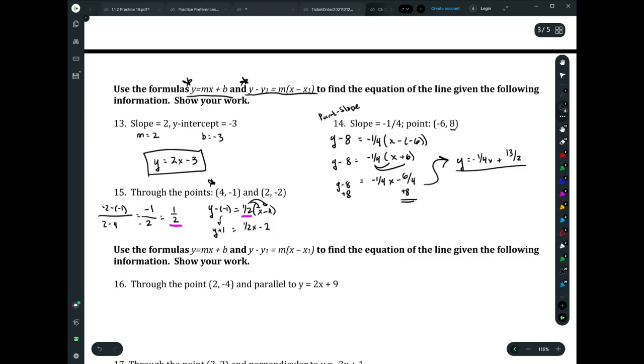Notice this becomes y plus 1. So when we subtract, it's y is equal to 1/2 x minus 3. And that's those there. Okay.